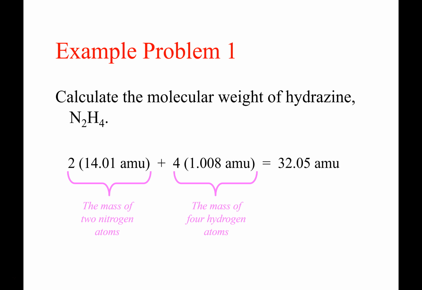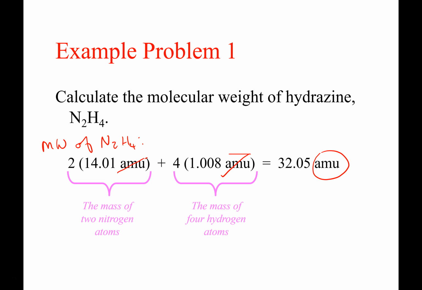Now, honestly, when I work these sort of problems on homework or for a test, I will probably say MW of N2H4, and I probably wouldn't include these AMUs in working the problem, but I would definitely include the AMUs in the answer. So just so we're all on the same page there.